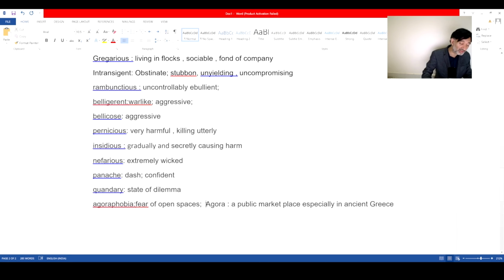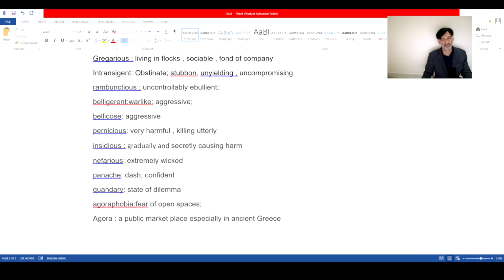I've written the meaning of agora as well. It's an open marketplace, especially in ancient Greece. Agora. Okay. So let's move on to another word.